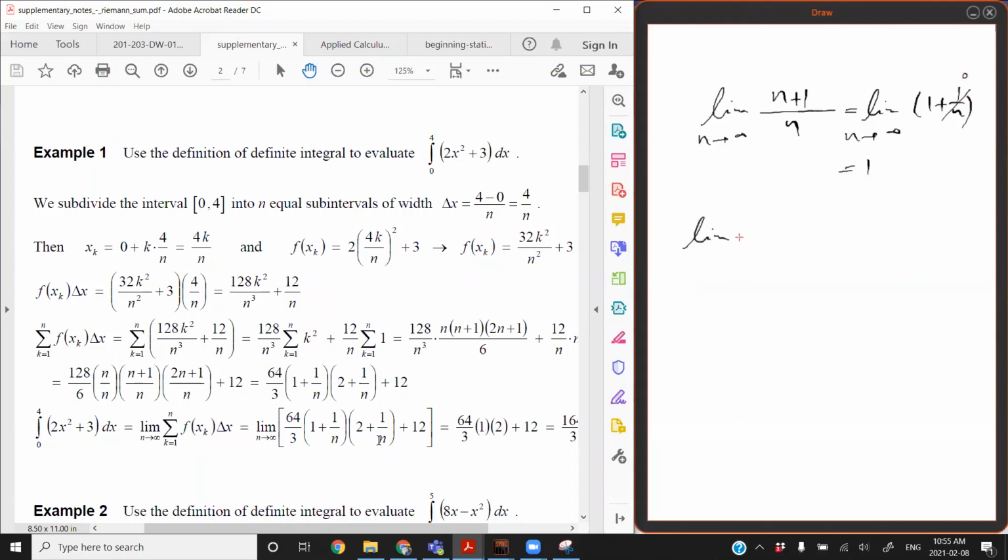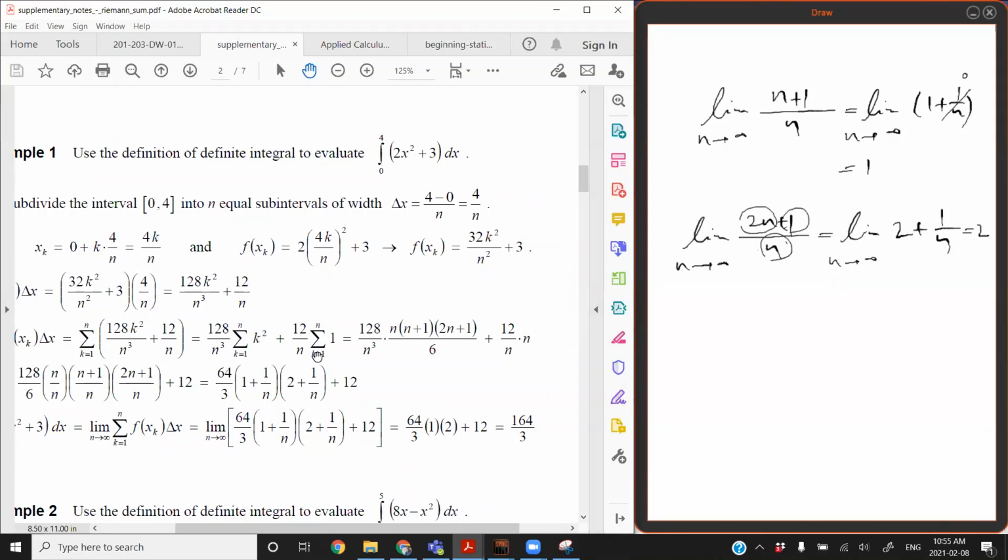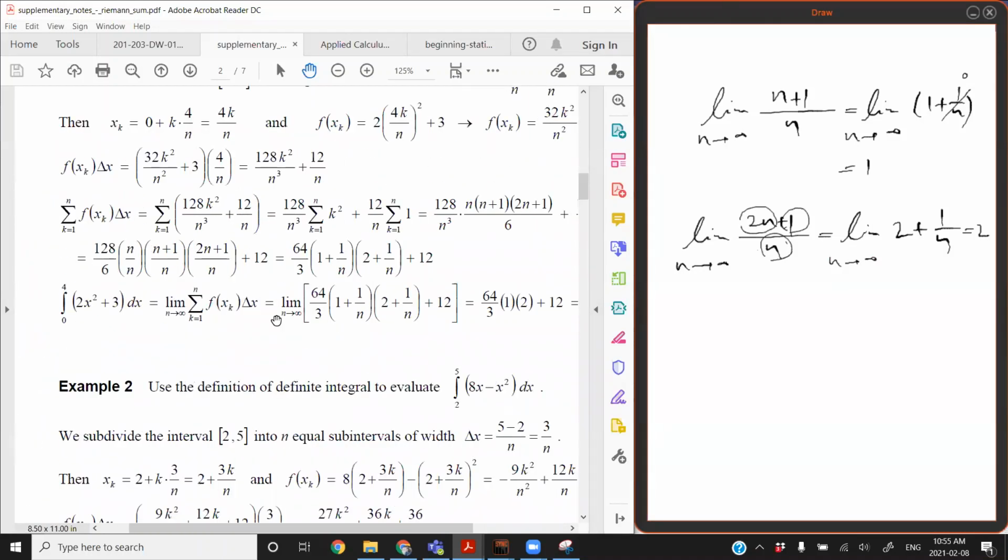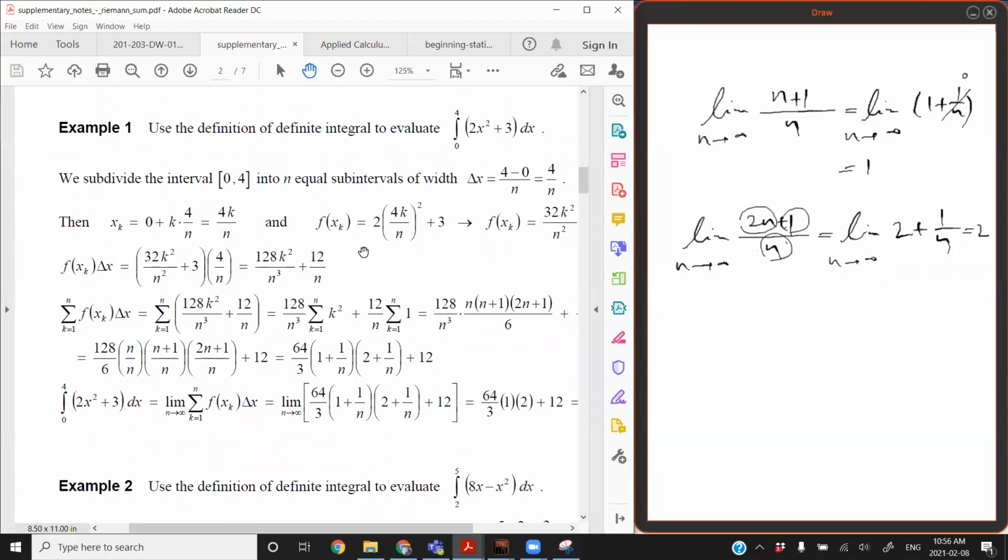Or if you have the limit of 2n plus 1 over n as n approaches infinity, you can write this as limit of 2 plus 1 over n, because this over this is just 2, and this over this is 1 over n. As n approaches infinity, you get 2. So that's why the limit of this part is going to be 1, and the limit of this part is going to be 2. You do the calculations, you get the answer. Okay. Any questions about example 1?